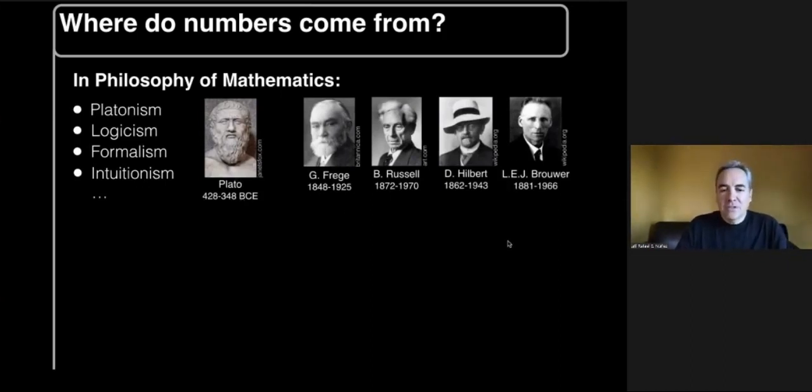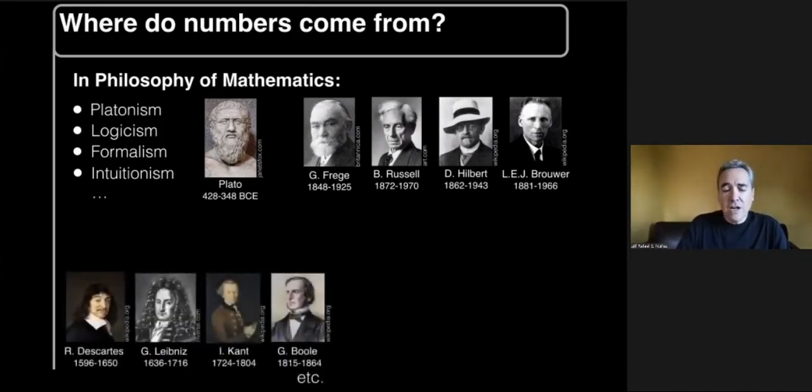Except for Plato, the work was done in the 19th century and early 20th century, based largely in European philosophy. Going back to, let's say, Descartes, Leibniz, Kant, or Boole, father of Boolean algebra later, and so on. So this is a very Eurocentric view.